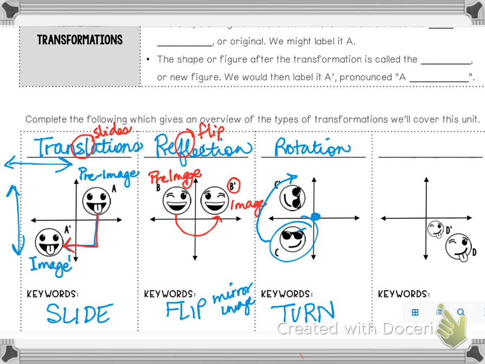Each time it flips into a new quadrant, it's 90 degrees. And we'd be going clockwise. So we would call this a 90-degree clockwise turn. Okay, and we're going to just label this the image and the pre-image.